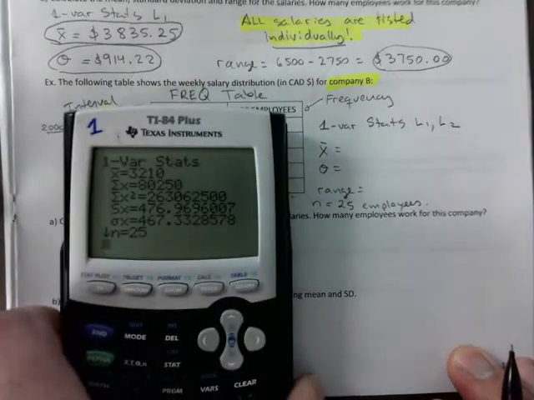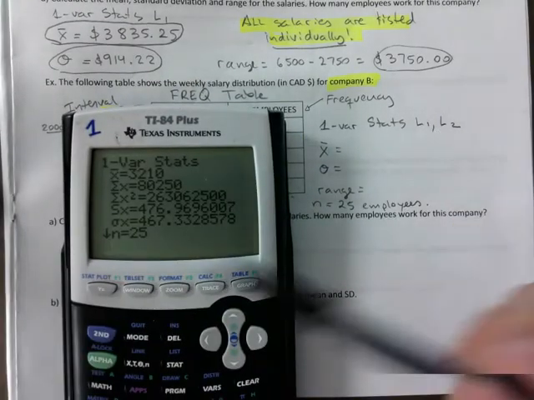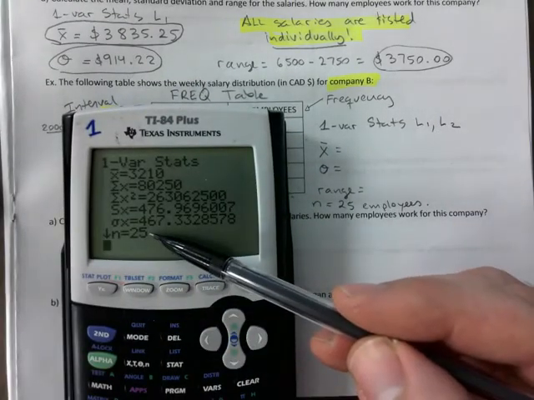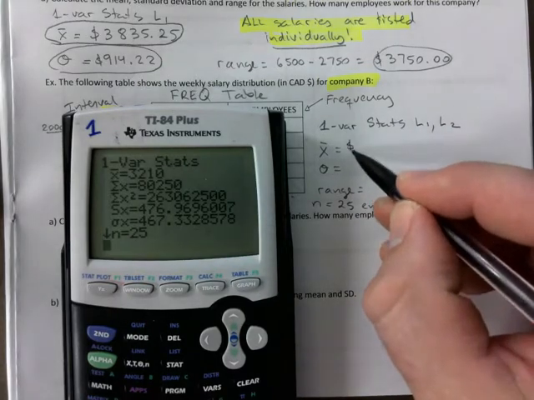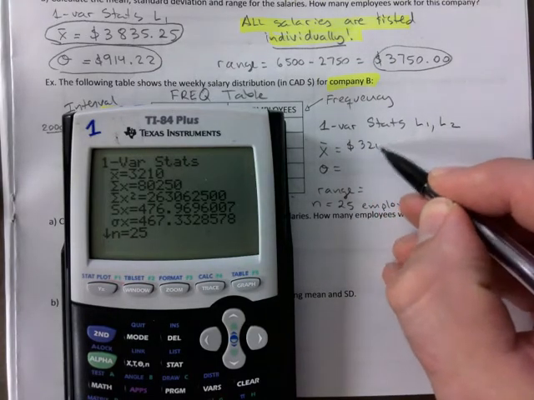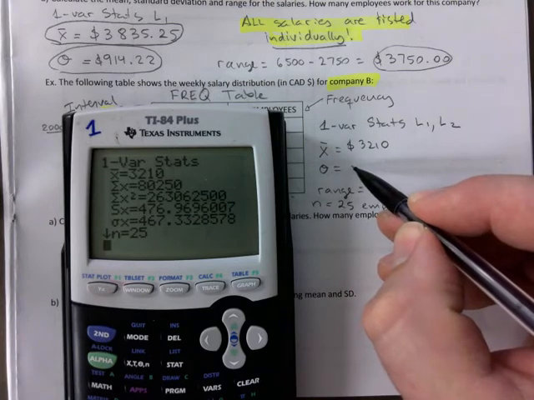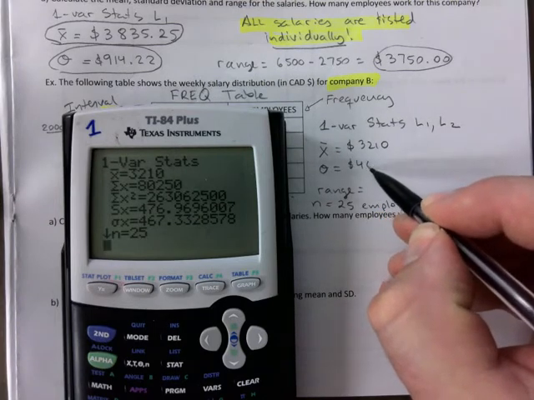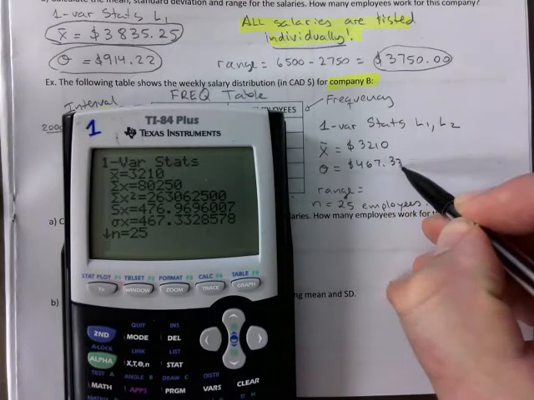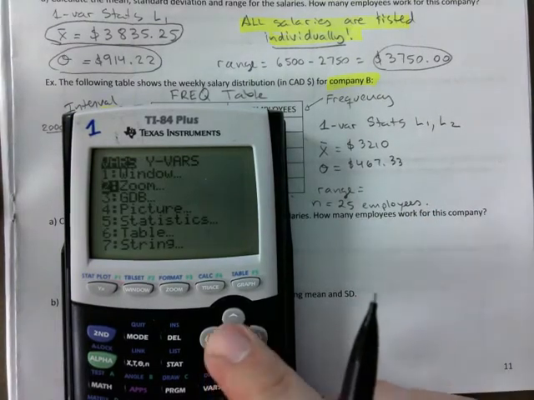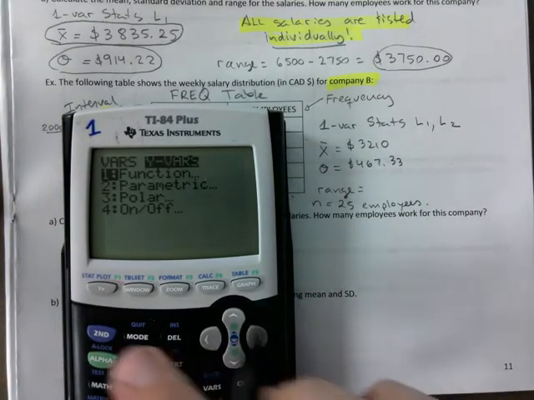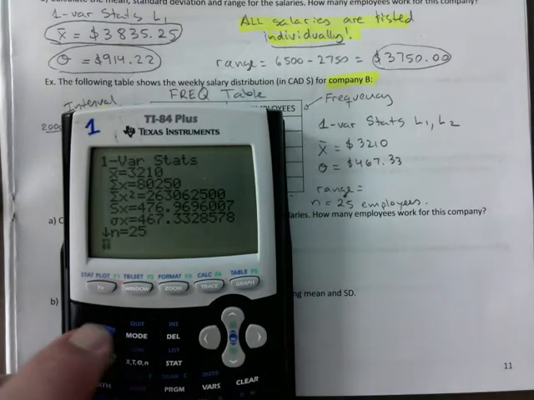And so when you do the calculation like that, it's actually taking into account that you have 25 employees. So we're going to write down our average. Our standard deviation is 467. And our range, call it again.